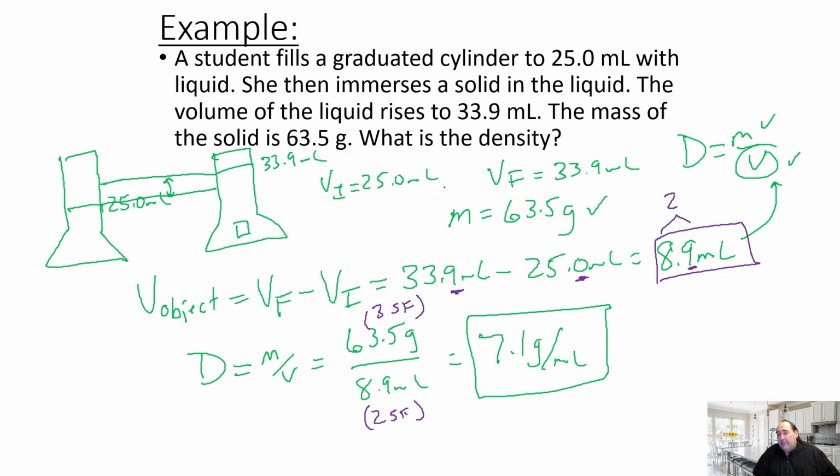But this guy has 2 significant figures. And that was important because the last thing we did in terms of our calculation is we divided. So we want to look at significant figures here. And that is how we end up with 7.1. So again, we want to keep track of everything as we go through our calculations and clean it up there at the end.